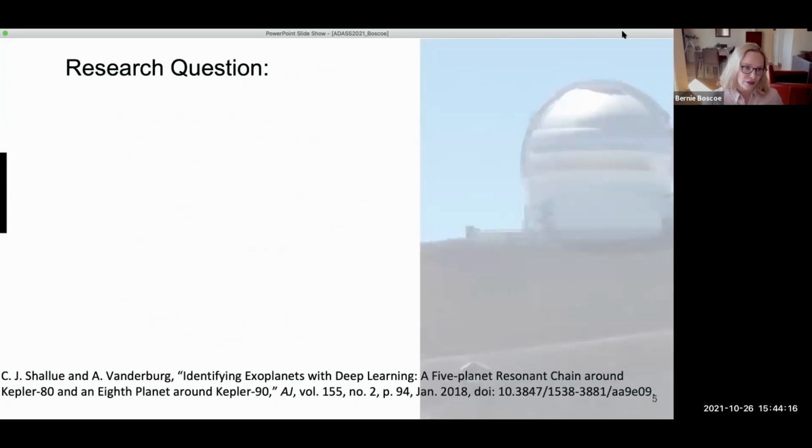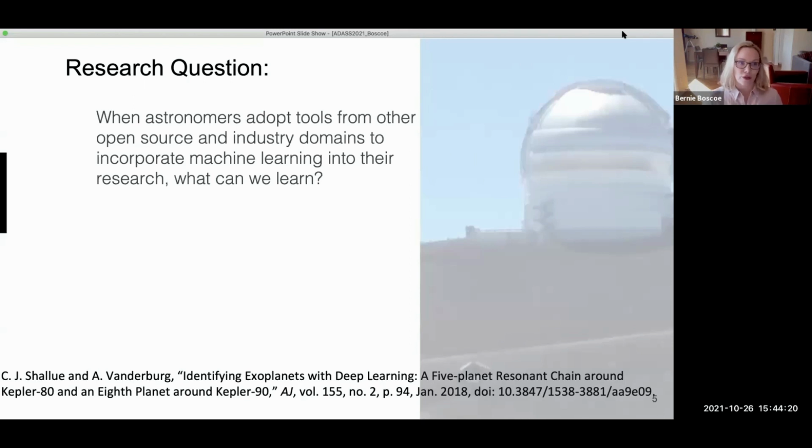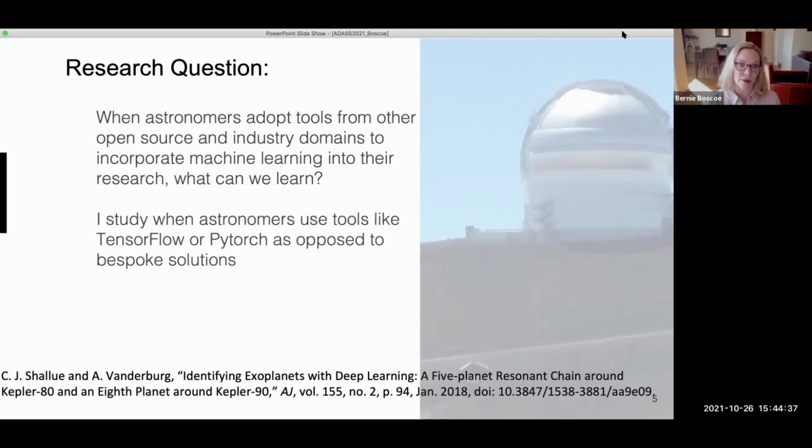So one of the research questions that I think about, for this project anyway, is, when astronomers adopt tools from other open source and industry domains to incorporate into their machine learning research, what can we learn from this, and what does that look like, and what are the pitfalls and what are the benefits of doing such work?